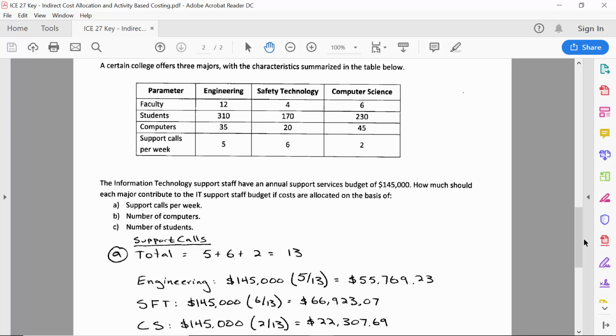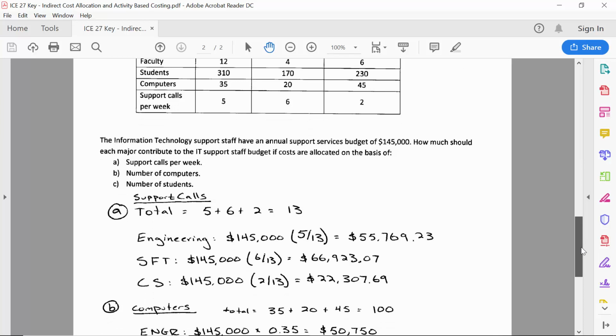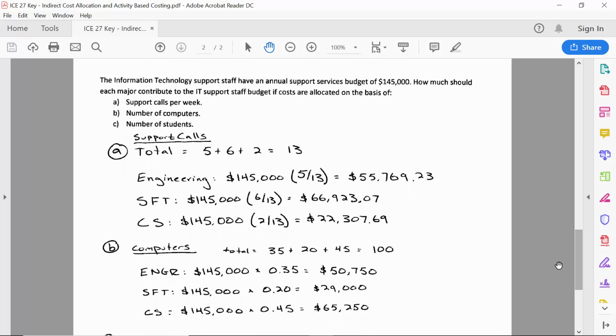So you can see that by this model, the safety division would have to pay the most because they have the greatest number of support calls. But there are other ways of looking at it, and you might expect that the safety division wouldn't want to use this model for the indirect cost recovery. They'd want to maybe look at the number of computers.